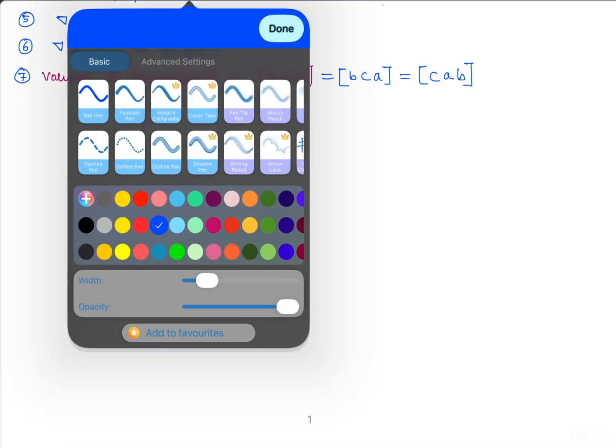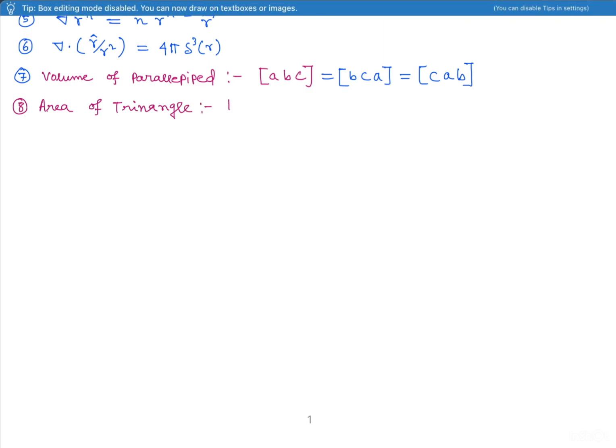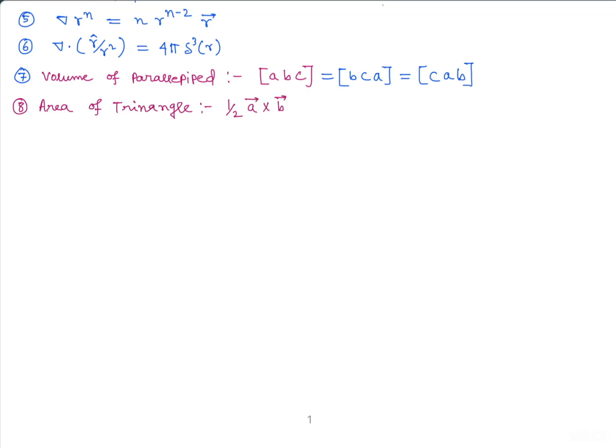Now the area of a triangle is equal to half of a cross b.